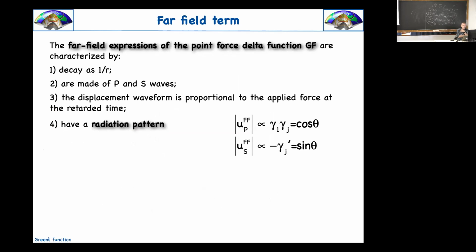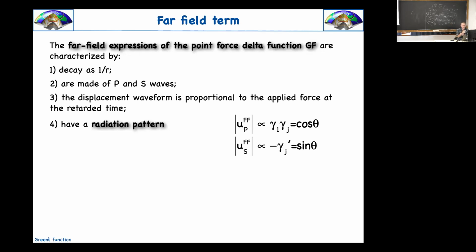Well, that was the view that we were waiting for. It decays as 1 over r, spherical waves. It is made of P and S. The waveform at a given point in space will be characterized by a retarded time we need for the waves to arrive. Okay, good.